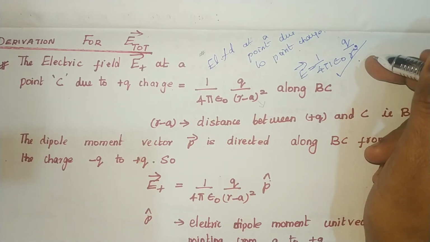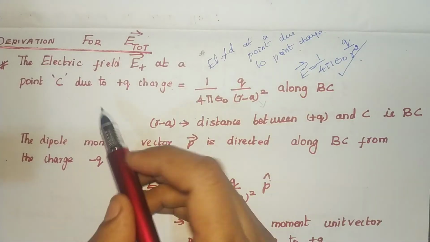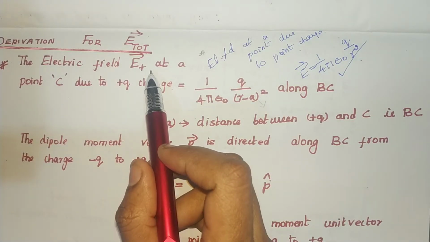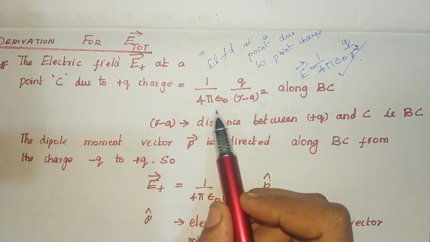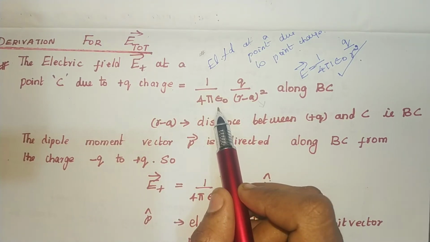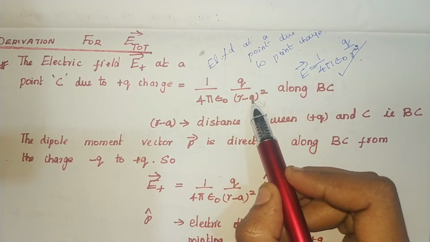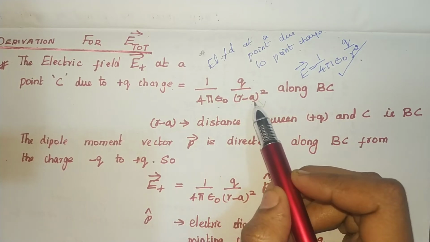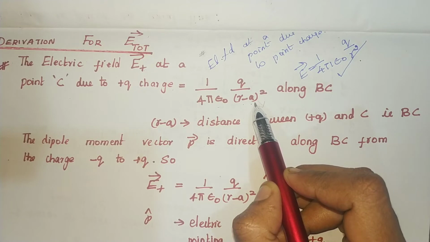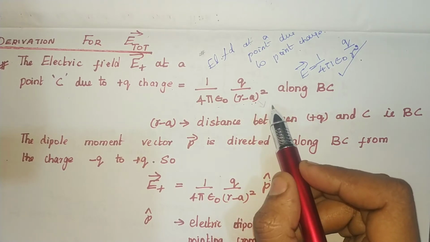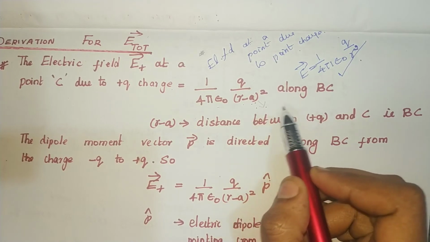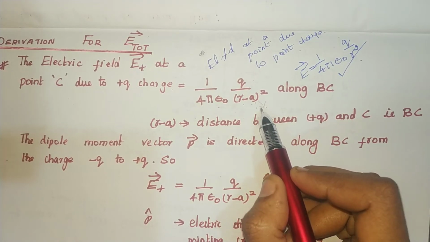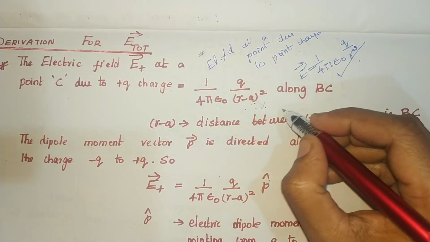இந்த expression யூஸ் பண்ணி தான் நம்ம field at point C எழுத போகிறோம். Electric field E plus vector at point C due to plus q charge is equal to 1 by 4 pi epsilon naught q by, distance மட்டும் மாறும். r minus a என்கிற distance என்னது? plus q க்கும் point C க்கும் உள்ள distance, அப்படி தானே?